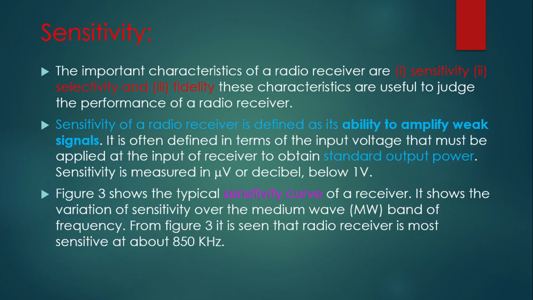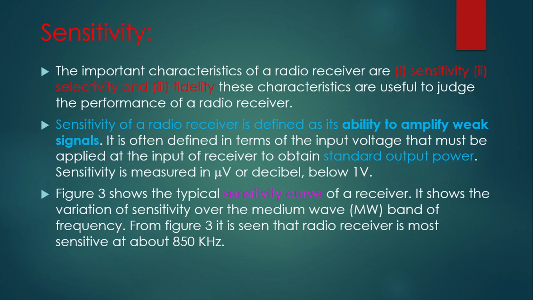Typical sensitivity curve of a radio receiver: you will find that the sensitivity is lowest at some frequency, and that frequency is equal to 850 kilohertz. A dip is there in the curve.